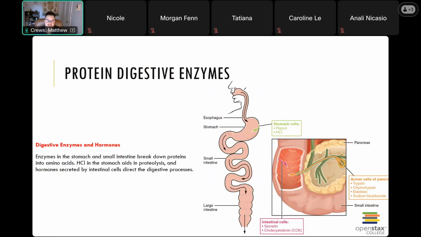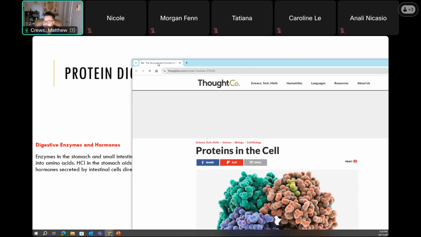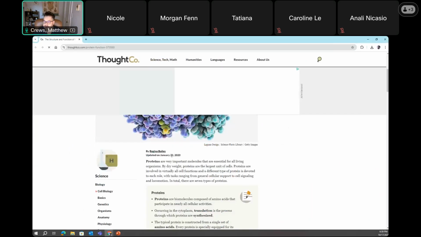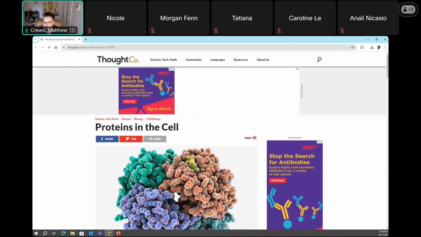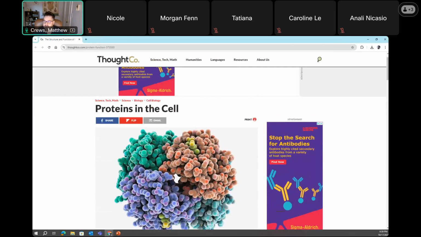The reason is, if you remember what glucose looks like, here, this is a protein. This is hemoglobin, probably. This is what proteins look like. They're wildly complicated, massive molecules.